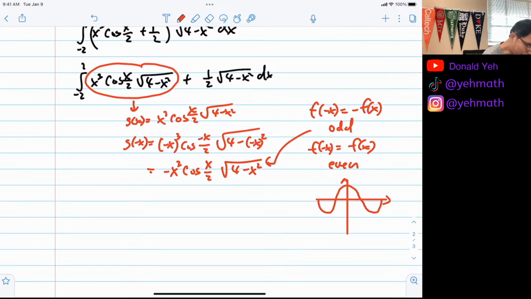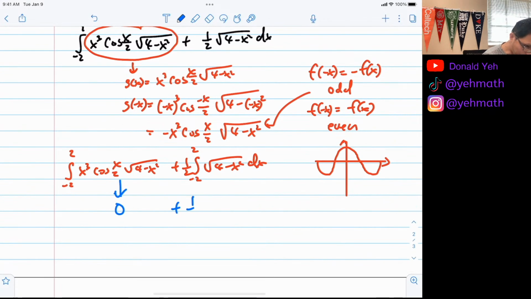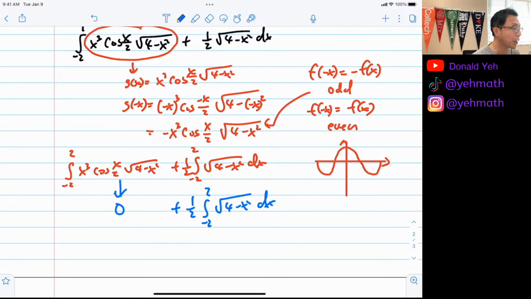The nice thing about this is the integral from -2 to 2 of x cubed cosine of x over 2 square root of 4 minus x squared, plus the integral from -2 to 2 of 1/2 square root of 4 minus x squared dx, becomes 0 for the first part, plus 1/2 integration from -2 to 2 of square root of 4 minus x squared dx, which is something we know.